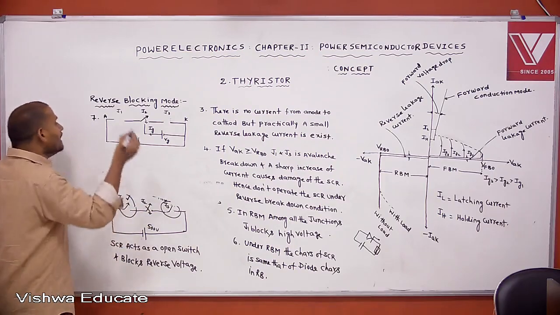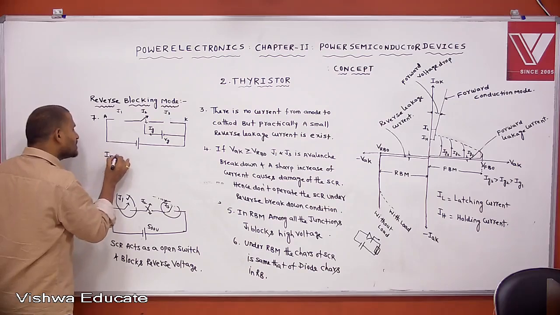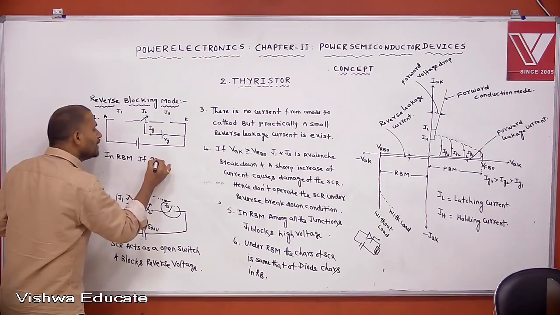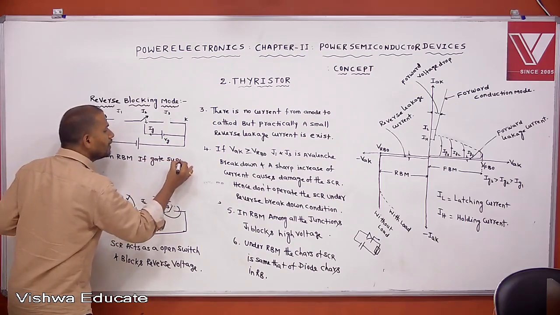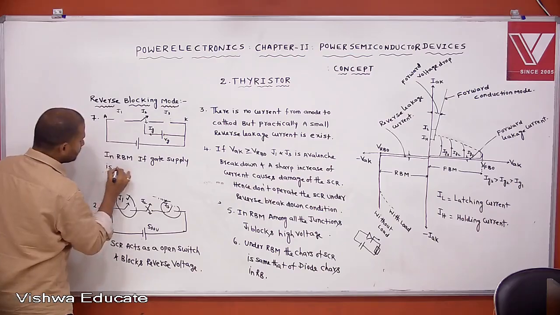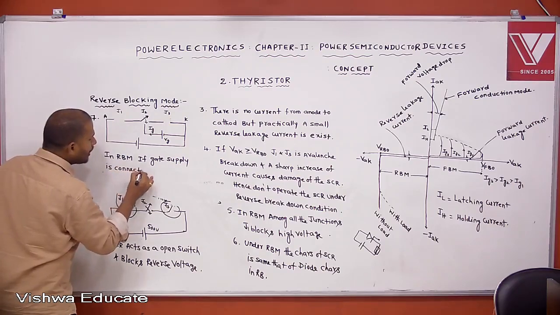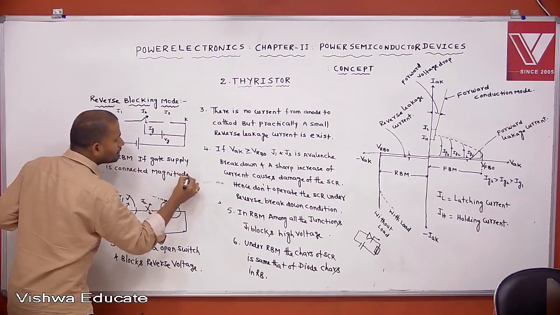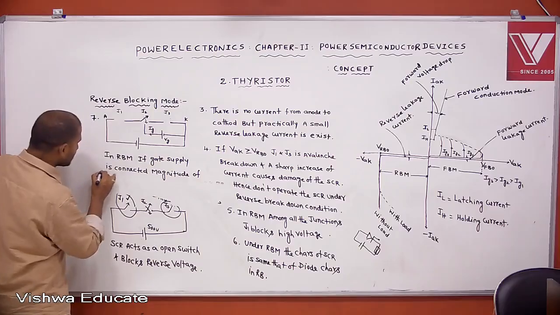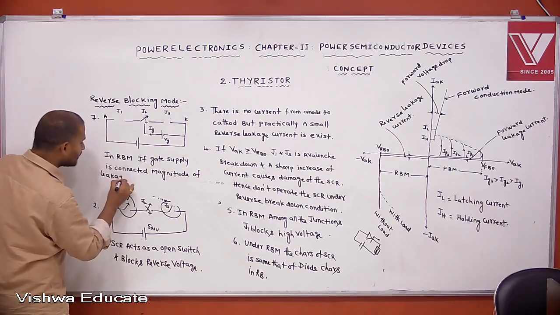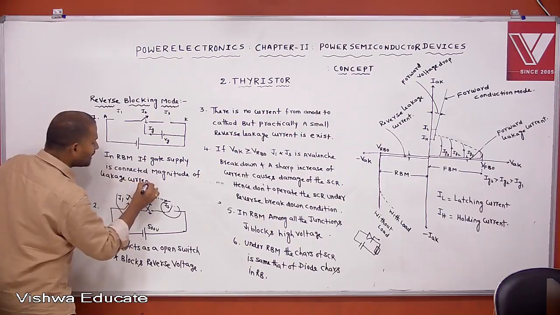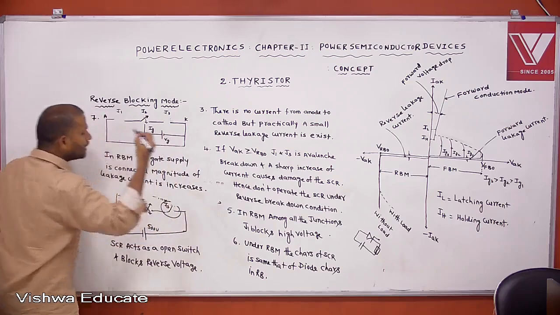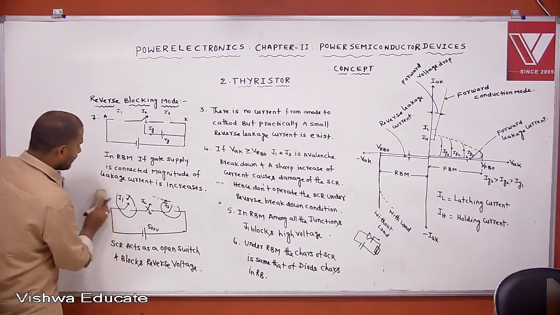That means in reverse blocking mode, if the gate supply is connected, the magnitude of leakage current increases.